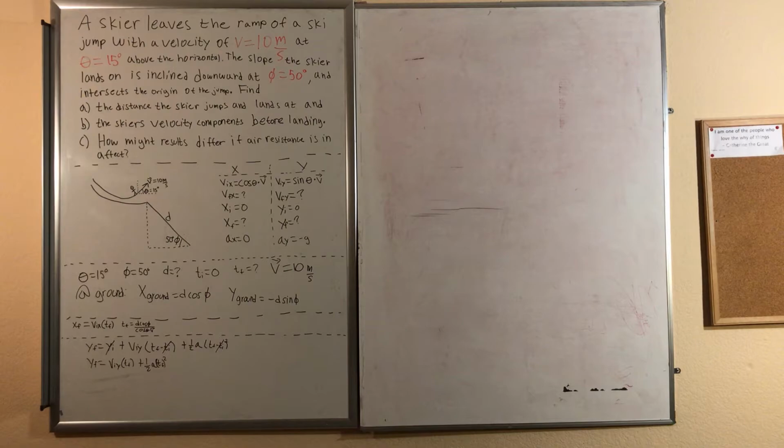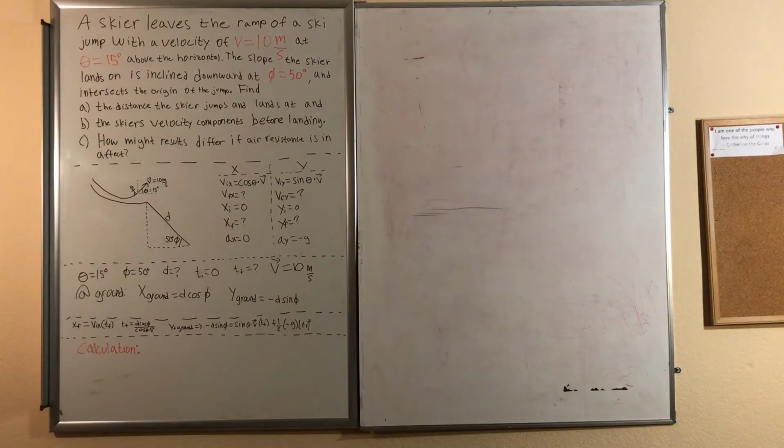Replacing variables and y final with the y ground to get negative d times sine phi equals sine theta times velocity times time final plus 1/2 times negative g times time final squared. With what we have, we can use our time final equation to substitute into this equation and can finally isolate and solve for d. I rewrote the equations, and with our prep work done, we can find d.